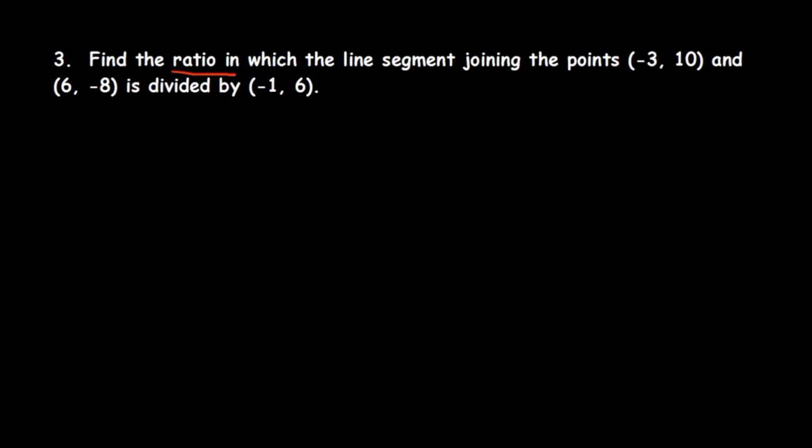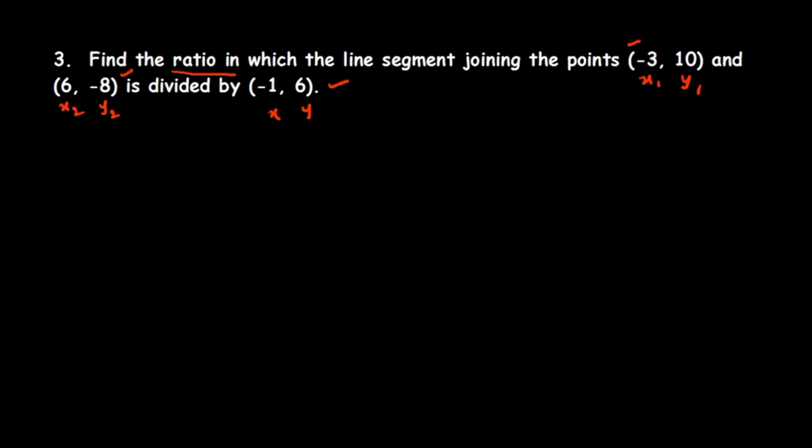So these 2 points we can consider as (x1, y1) and (x2, y2), and this is just a point (x, y). Now we should find in what ratio the point (-1, 6) divides these 2 given points. Got it?